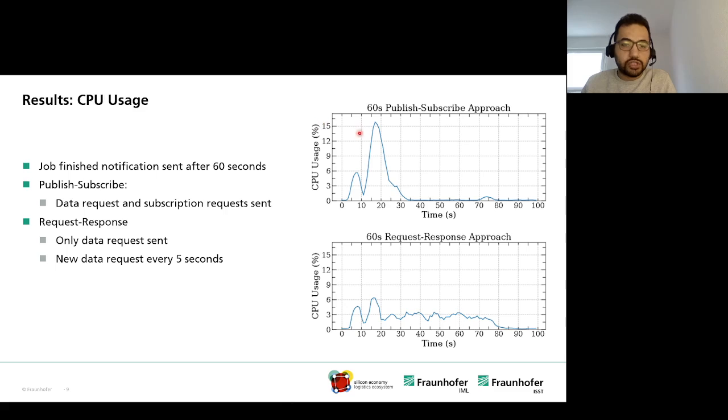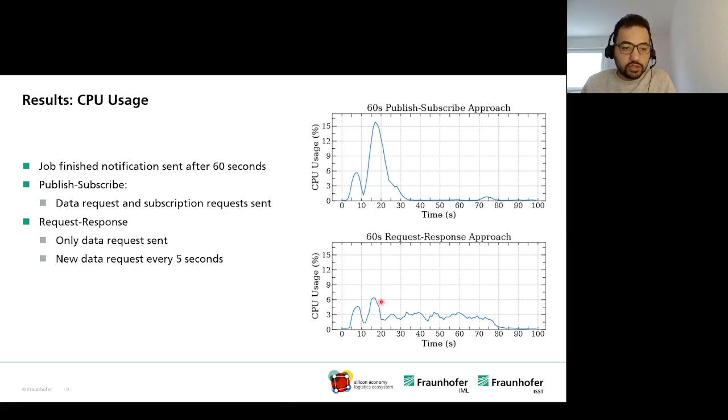Here in the publish-subscribe approach, we can see that an initial spike occurs when the request for data and subscription are sent, and then the system goes into a low power state until a notification is received, and then the job is finished.